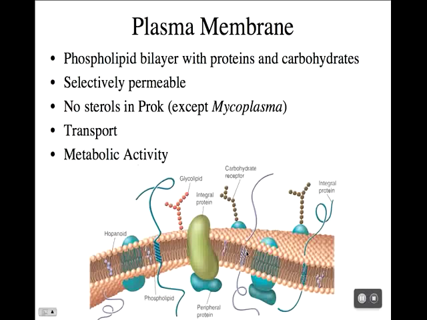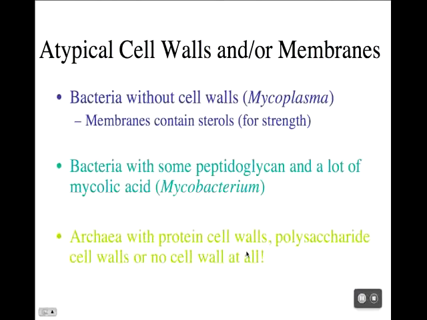All right, so what's possible with cell walls and cell membranes for bacteria? I started talking about this, but I want to have one slide where we put it all together. There are really 4 possibilities for a cell wall structure in bacteria.